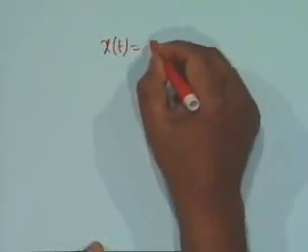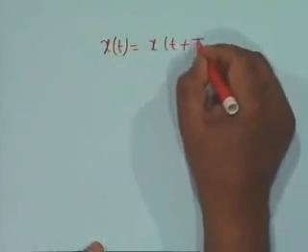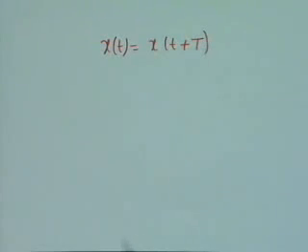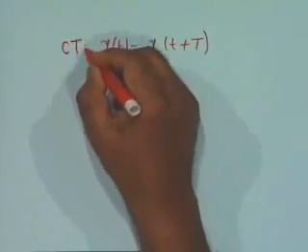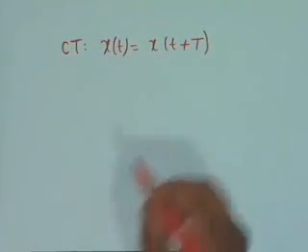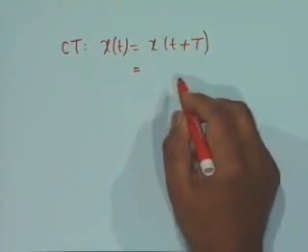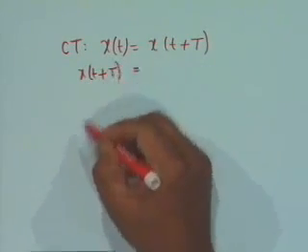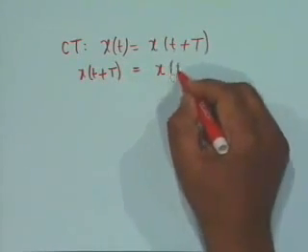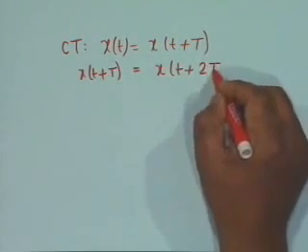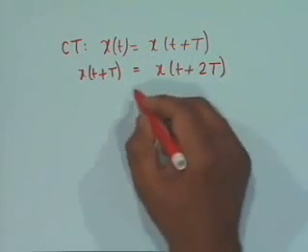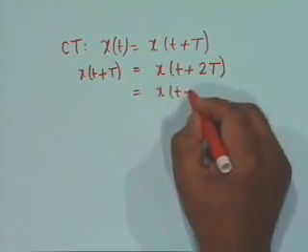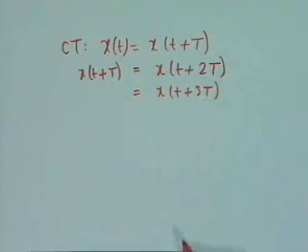x of t equals x of t plus capital T. If this continuous time signal is periodic, then isn't it true that x of t plus capital T must be the same as x of t plus 2T, or x of t plus 3T and so on.